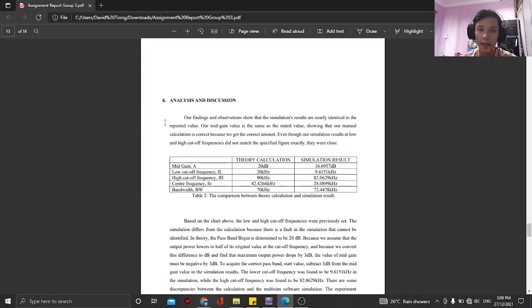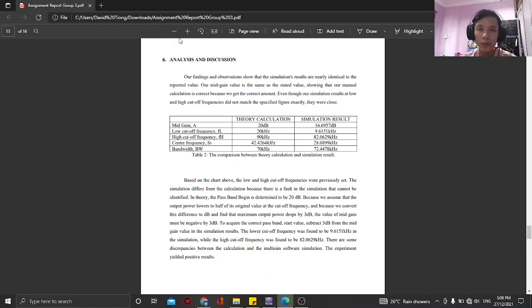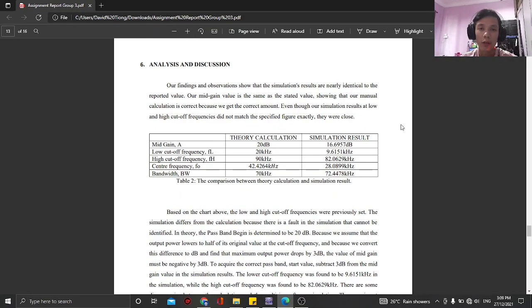So proceed to analysis and discussion, where our findings show that the simulation results are nearly identical to the theoretical values. This is our theoretical value and this is our simulation value from the circuit that we have run just now.